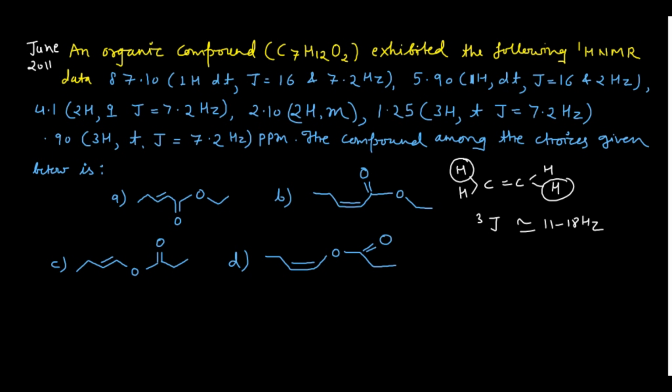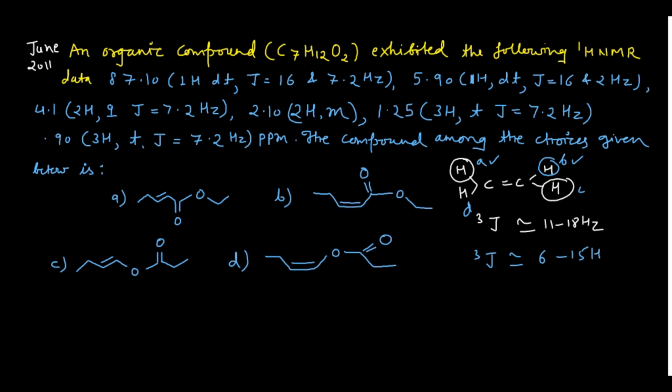If you go for the cis coupling, I can label this as A, this is B, this is C, and this is D. Now if you are focusing on the cis coupling, your coupling constant would be in the cis range, so A and B. That is a 3 bond coupling, cis, and it will have a value of approximately 6 to 15 hertz.